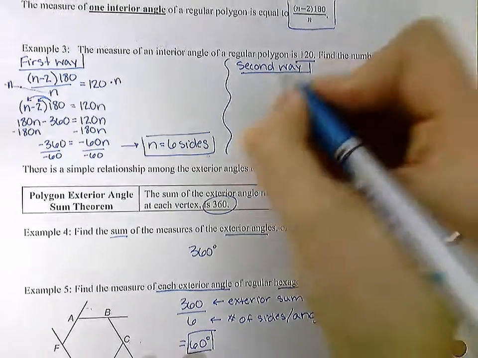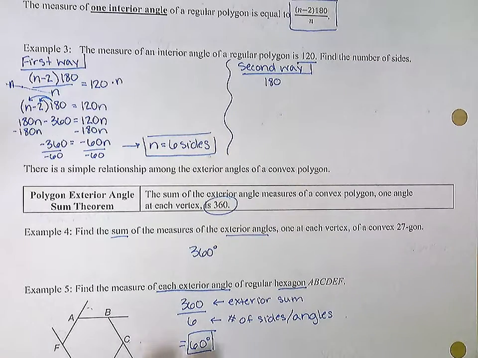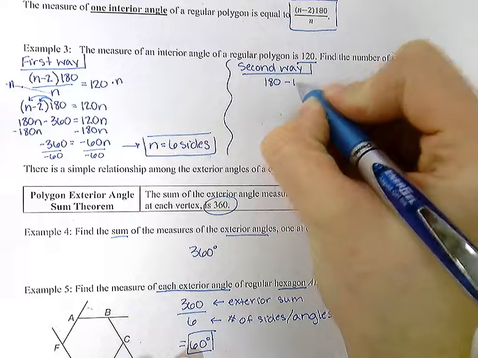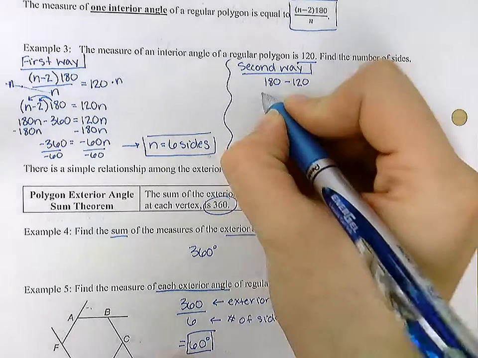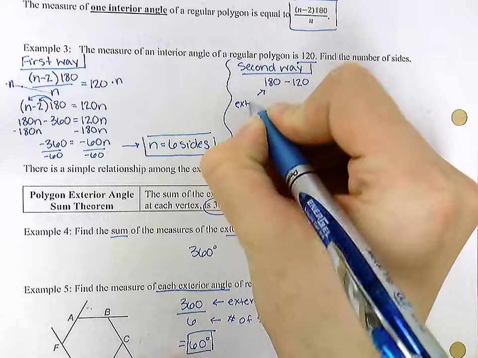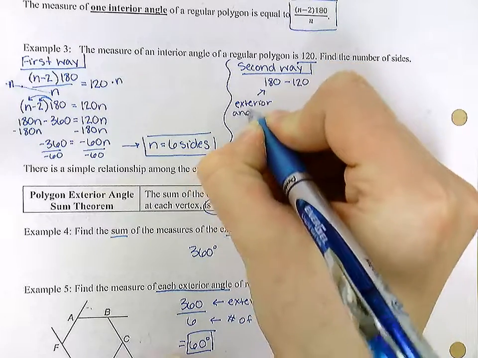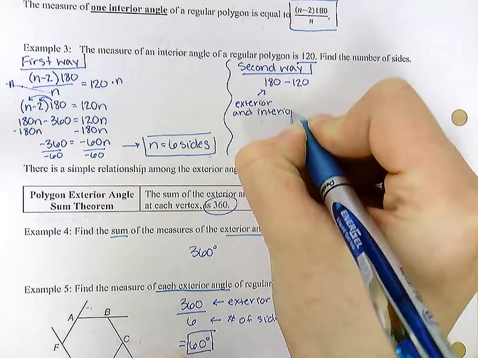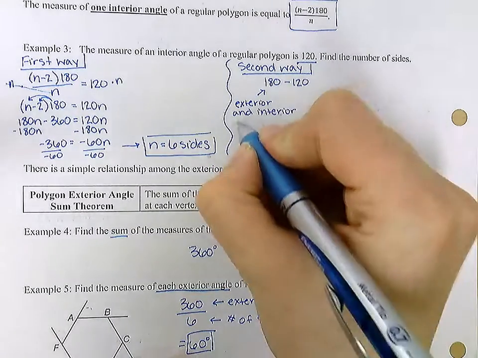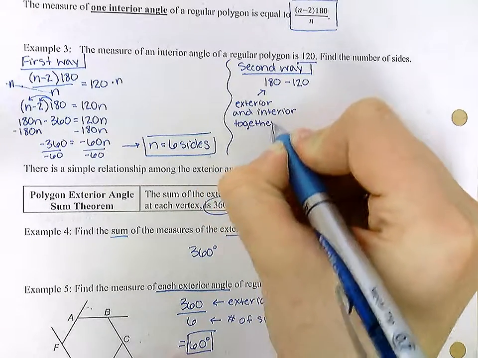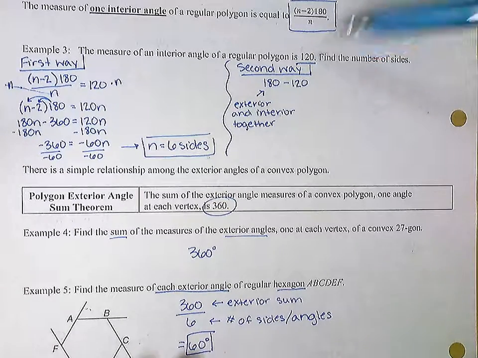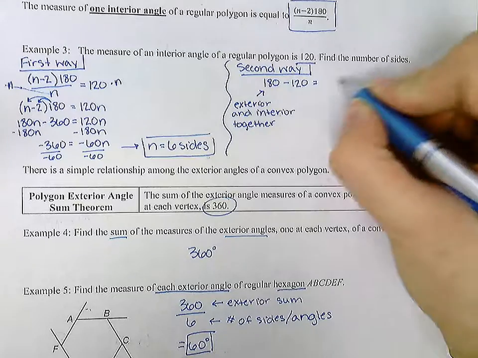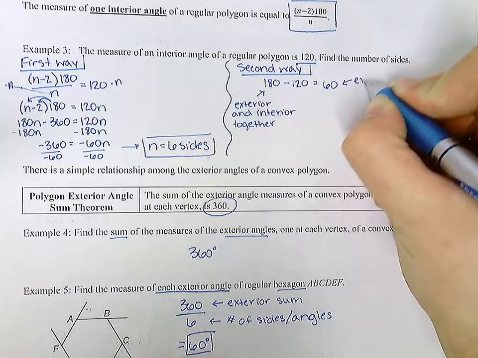Okay, so I can take 180, subtract 120. Okay, so again, this is your exterior and interior together. I'm subtracting my one interior that I had. When I do that, I get my exterior angle.